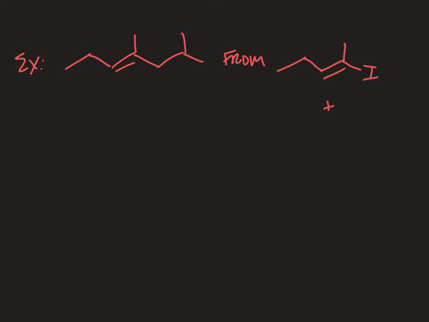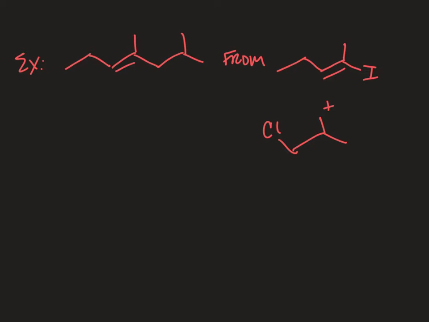So as an example, I want to synthesize this molecule from this vinylic halide. So the halide is actually on the double bond, so that makes it vinylic. And then my second alkyl halide will be this.